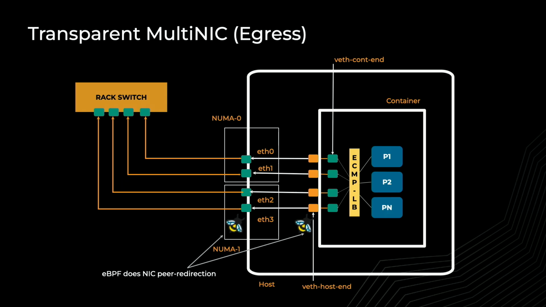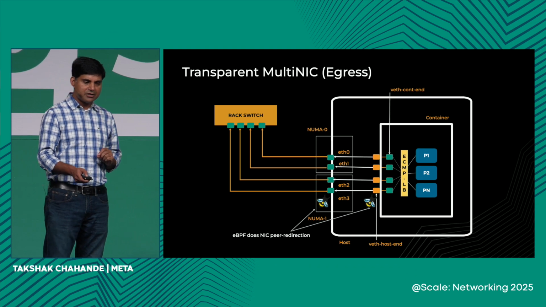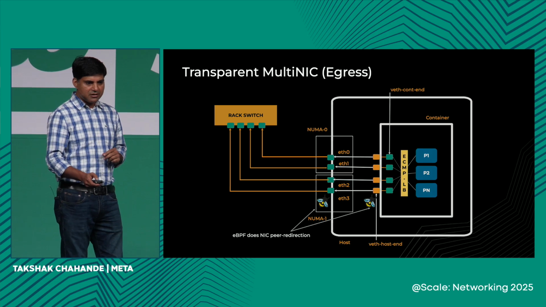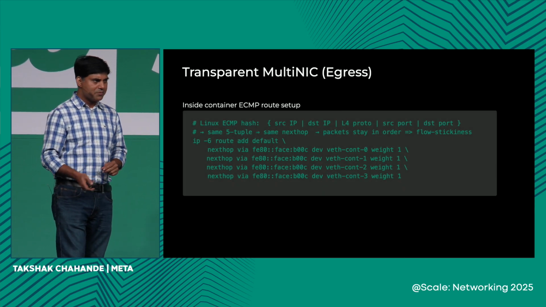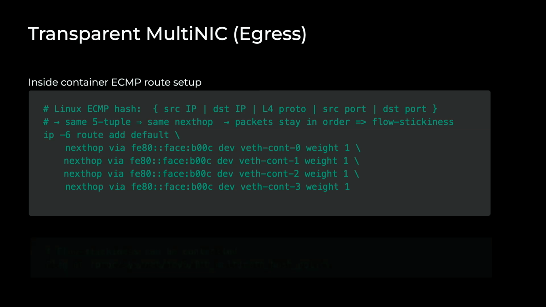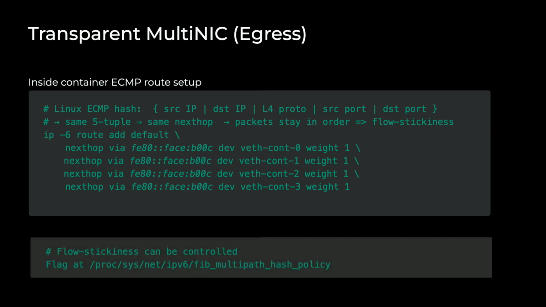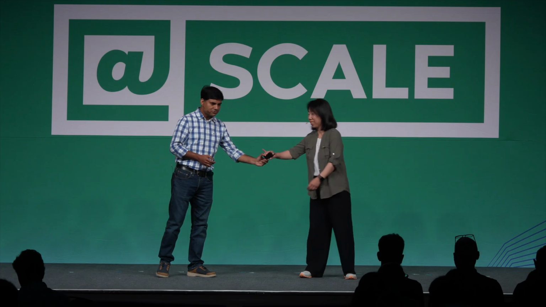We make sure that we have a kernel hook inside the interfaces that drives the packet directly to the physical NIC using eBPF technology. These are the simple snippets of how we set up the multipath. We also have stickiness at the flow level so that packet reordering and other challenges will not be there. And with that, I would like to hand over to Yingjie to get into the ingress.